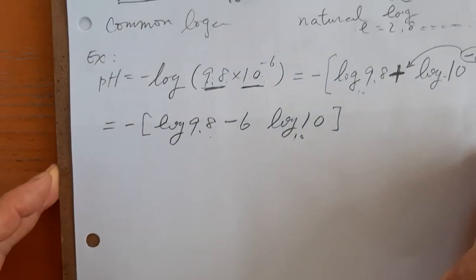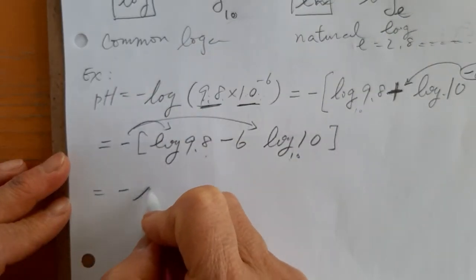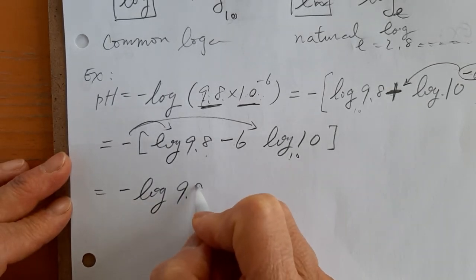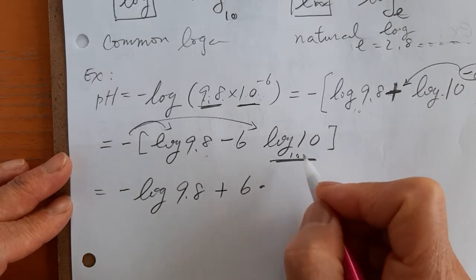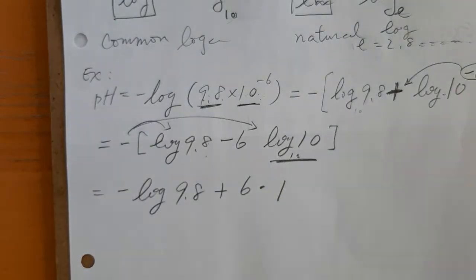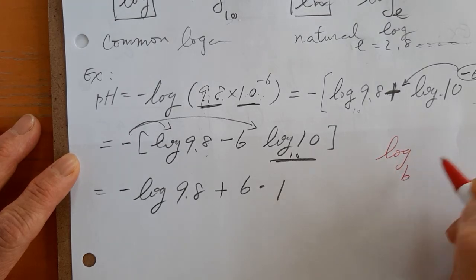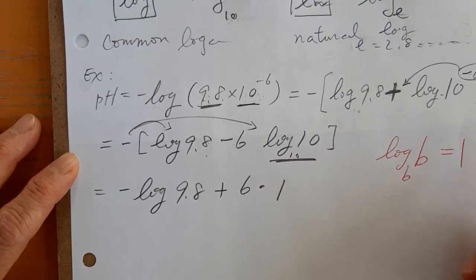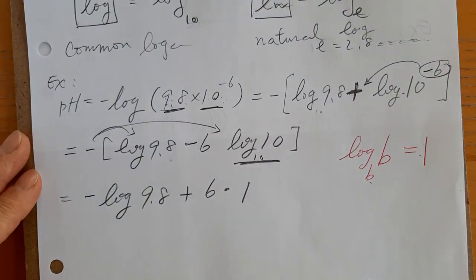Then use the distributive property. You get negative log 9.8, and negative times negative becomes plus 6 times this one, which equals 1. There's another formula: log with base b of b equals 1, because b to the power 1 equals b.